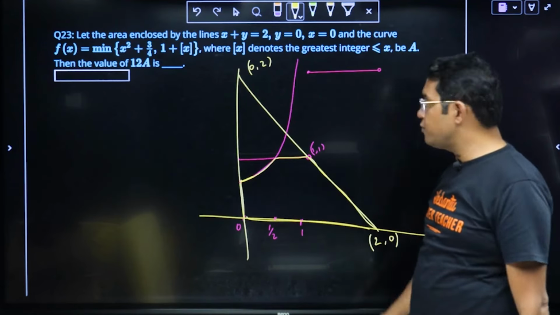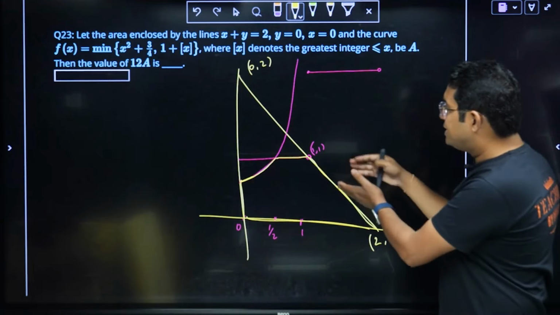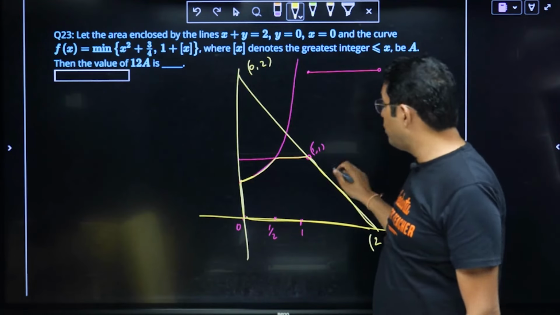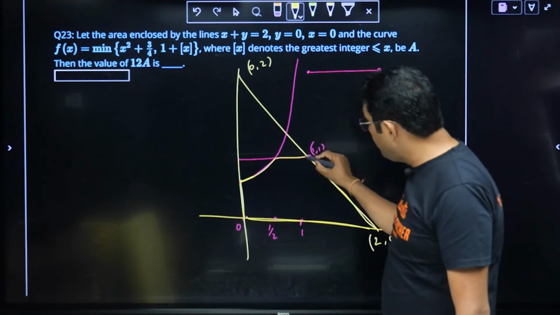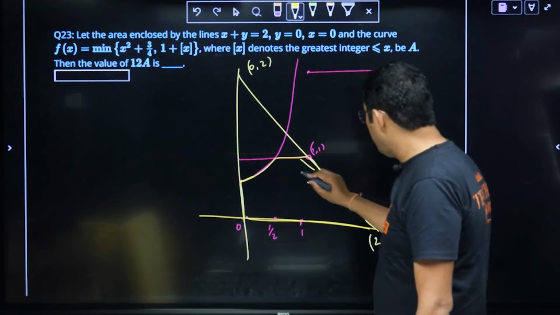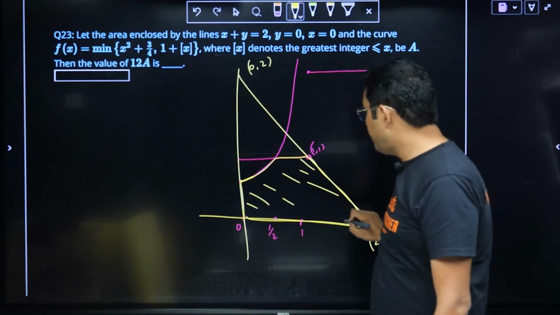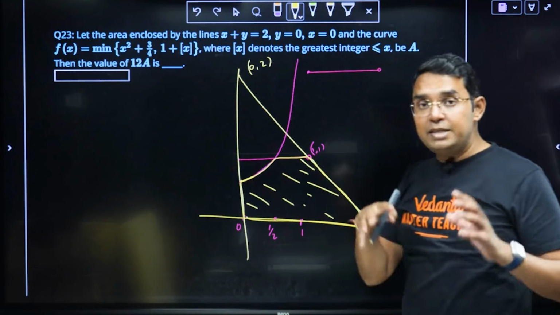So this is the area we are looking for. Here you can see this graph is almost merging into this line, although 1 comma 1 is not the point of intersection, but in the limiting case it is almost merging into this line, so we can consider this to be the area we have to find, because otherwise there is no area bounded by these boundaries mentioned in the question.